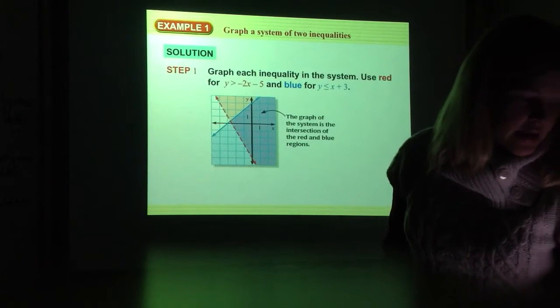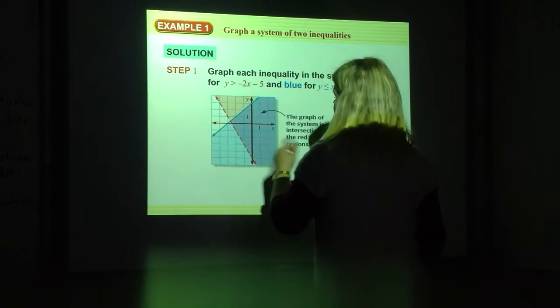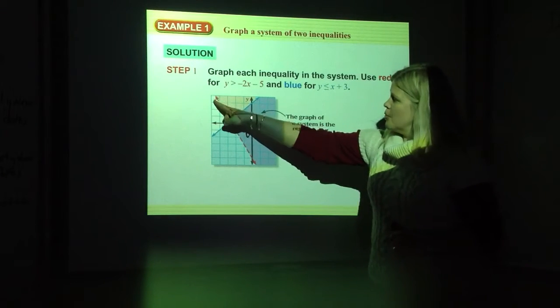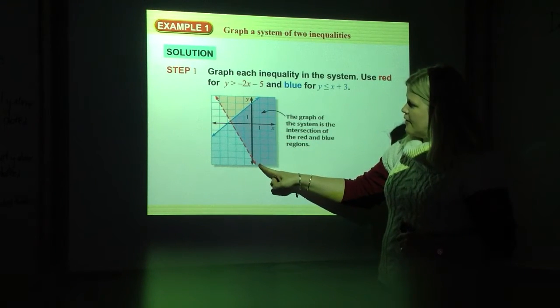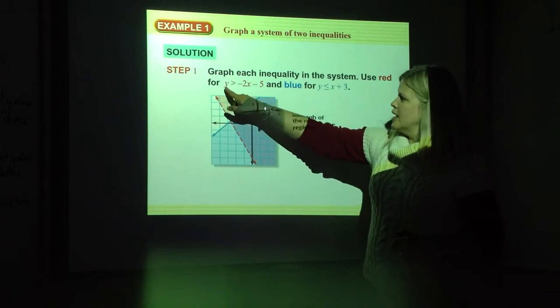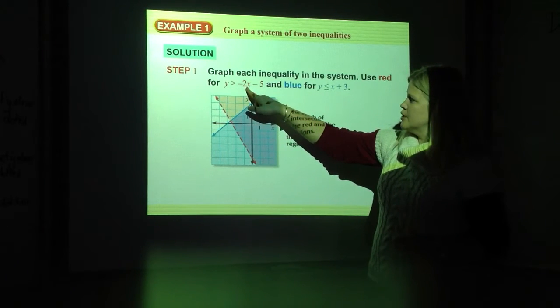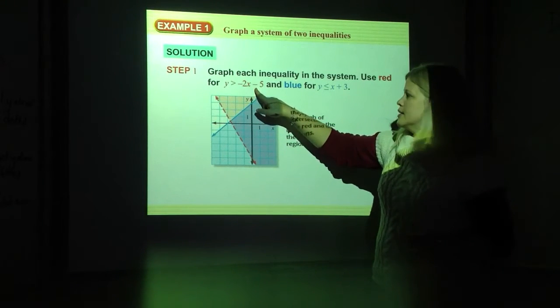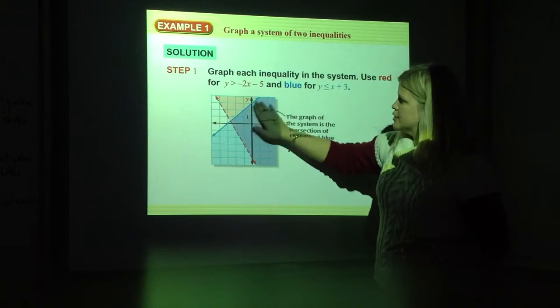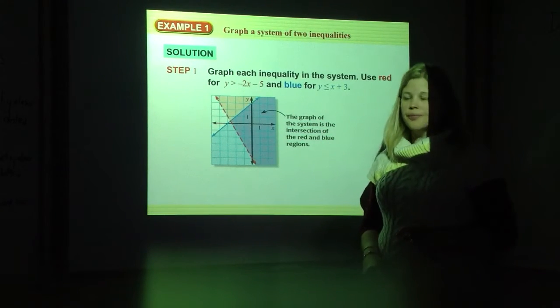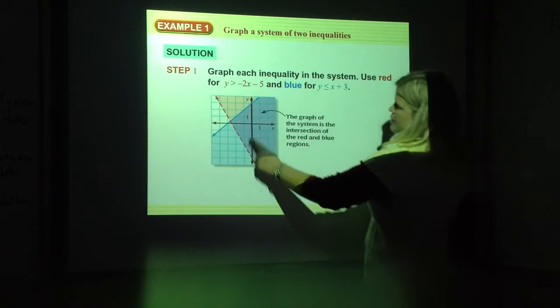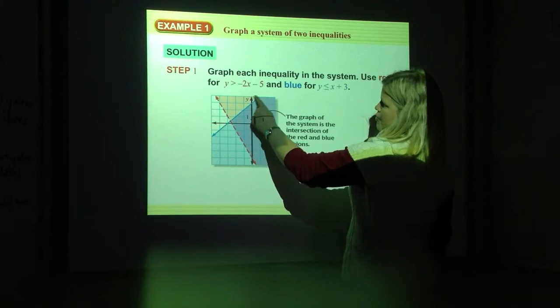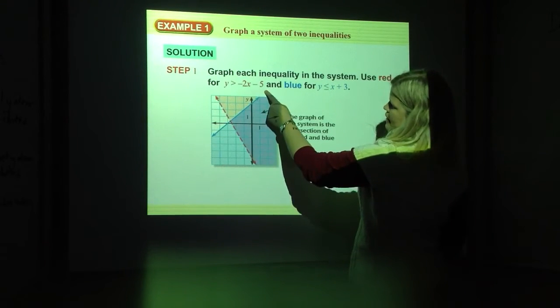Okay? Now, if you notice, here's our solution. This one is negative 2x minus 5. And if we put 0 in, is 0 greater than negative 2 times 0 minus 5? Oh, yes, it is. 0 is greater than negative 5, so we shaded above. Now, when we go to do this line, it's at 3. You go up 1 and over 1, and we draw a nice solid line.